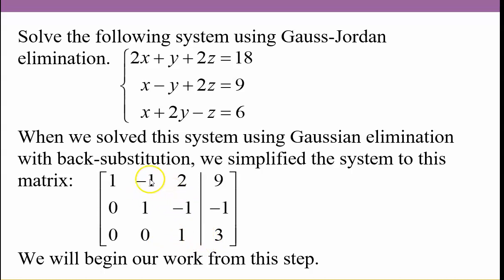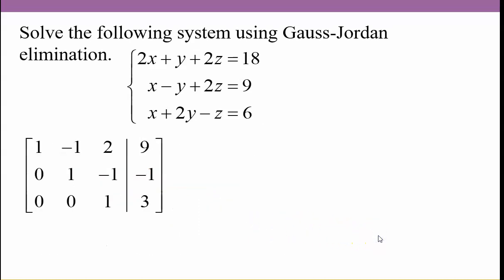So we have to do something with these two rows to make these two zeros. So all that we're left with is the main diagonal and then a value in this column. So there we are.